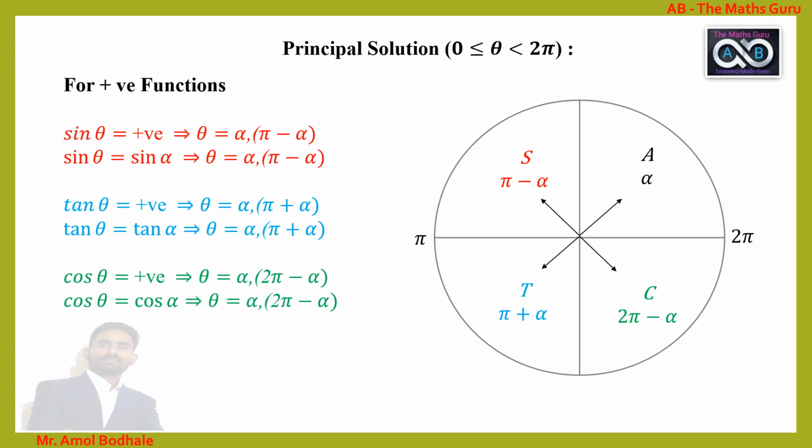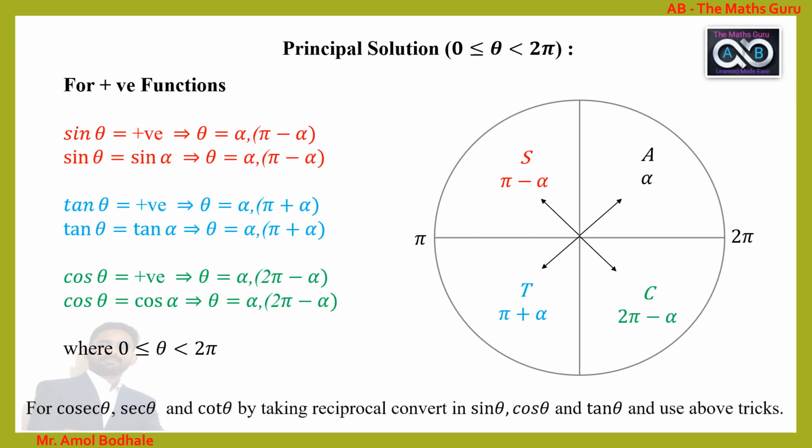Therefore, for cos theta equal to cos alpha, we have two solutions, theta equal to alpha and 2 pi minus alpha. Remember that theta always lies between 0 and 2 pi, that is 0 less than or equal to theta, strictly less than 2 pi.